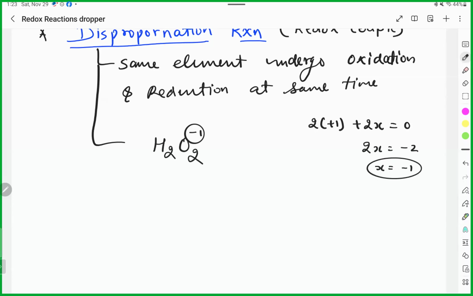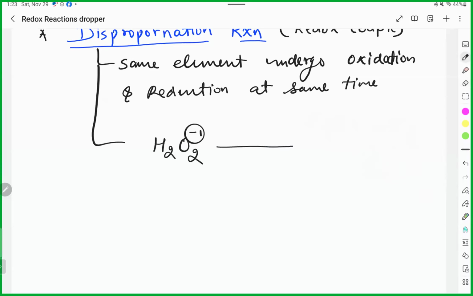So what will be the charge on oxygen? -1. Now, if it breaks down into H2O and O2, what is the charge in the case of oxygen? 0. What is the charge in this case? -2.